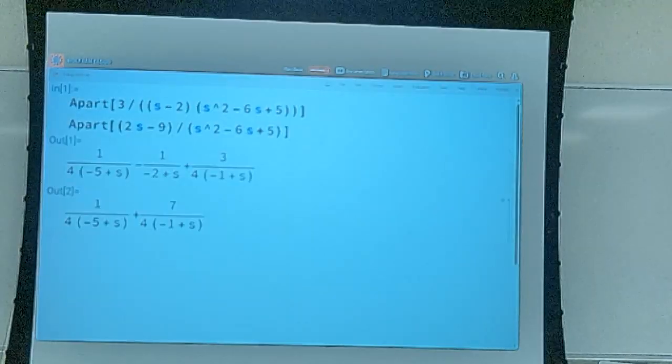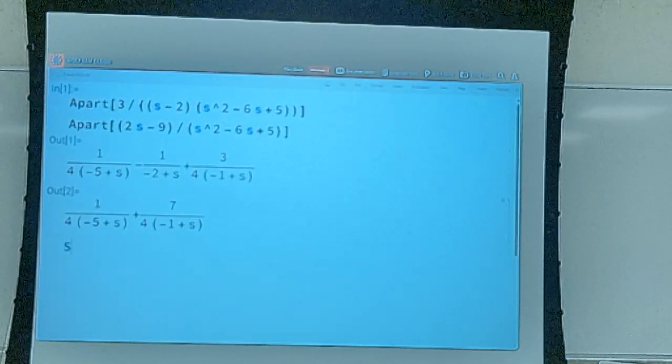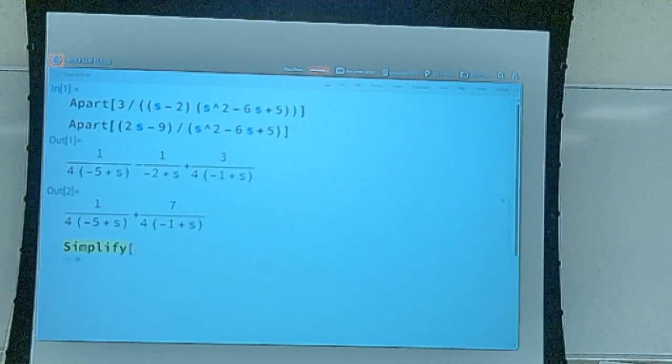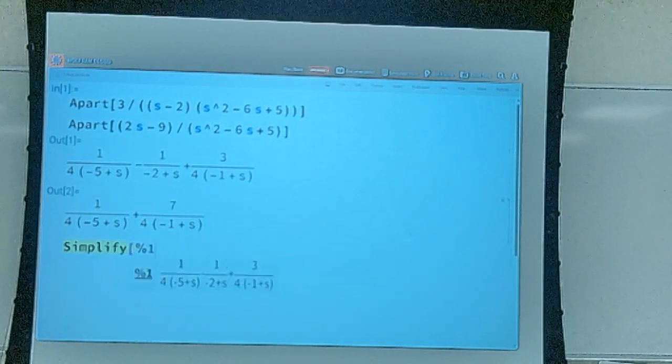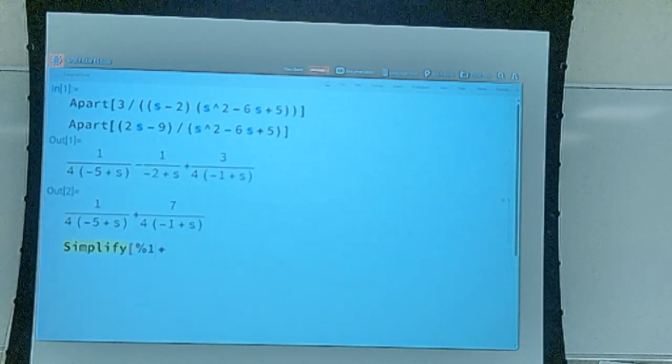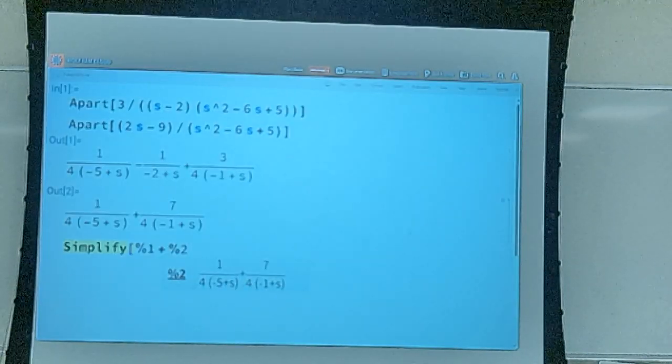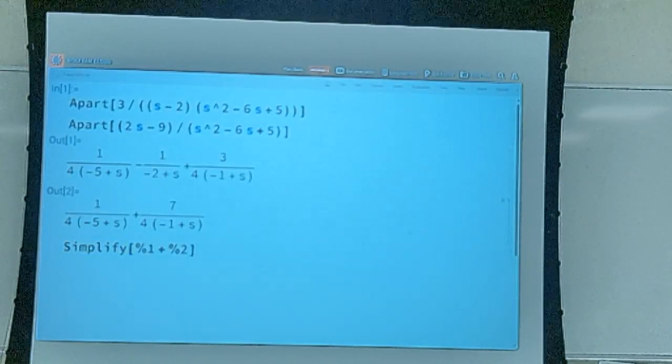Oh, that's nice. Since they're being added, let's just go ahead and add them.